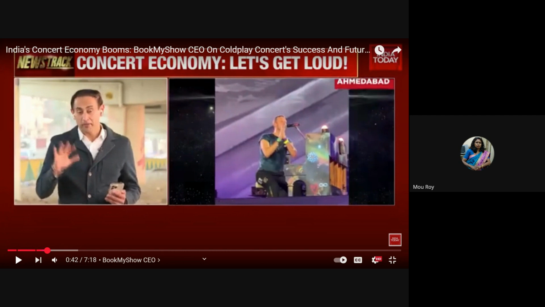Now, before that, I wanted to tell you, this was organized in Navi Mumbai, and this was organized in a stadium. You understand, a stadium is usually for cricket matches. So they had to procure the license, but also deal with the Cricket Board of India, BCCI, because that stadium is for cricket matches.